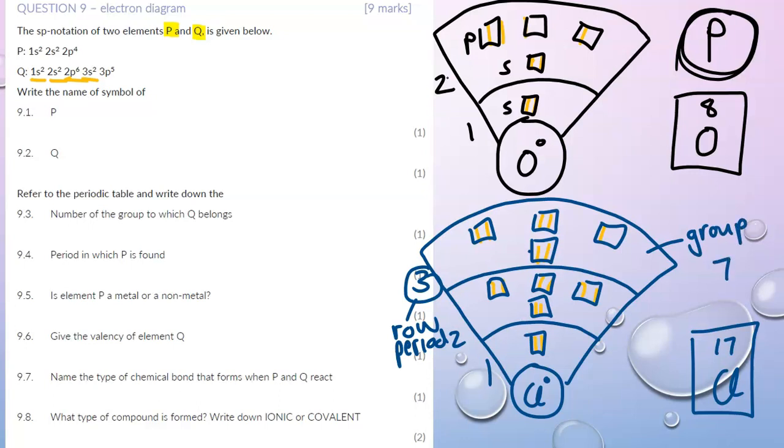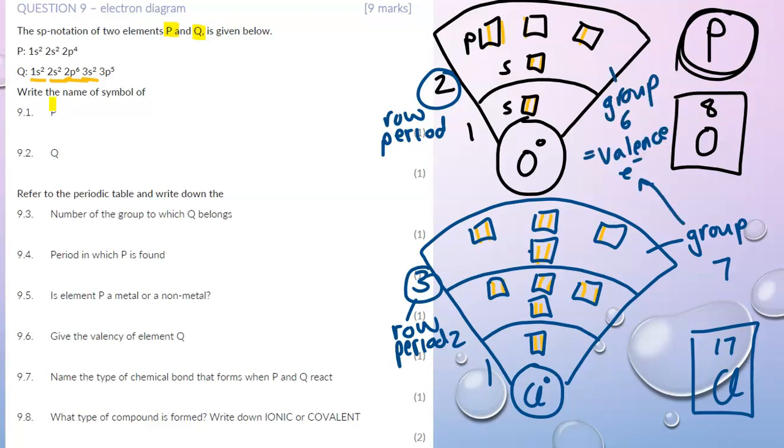If we look at oxygen, oxygen will be in row 2 or period 2, and she has 6 valence electrons, so she's in group 6. Okay, so 9.1 they ask, give us the name or symbol of P, and we already determined that she's oxygen or just O, and then Q will be either Cl or chlorine.